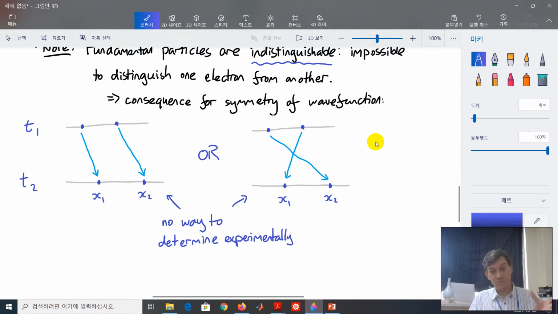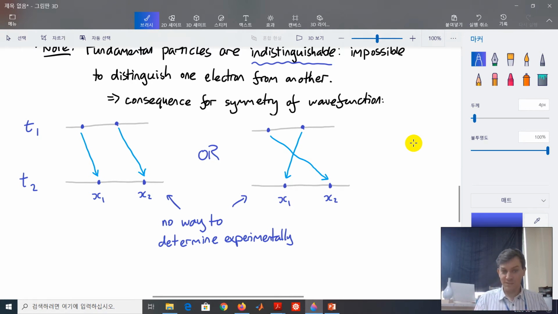Obviously, if you did an experiment where you watched the particles all the time, then you would see how they moved. But if you record just at a particular time and a particular later time, you cannot distinguish between these two possibilities.